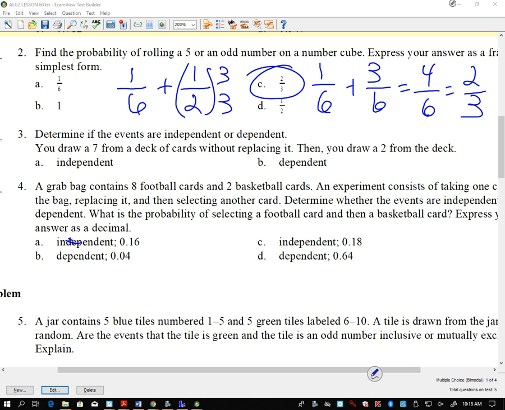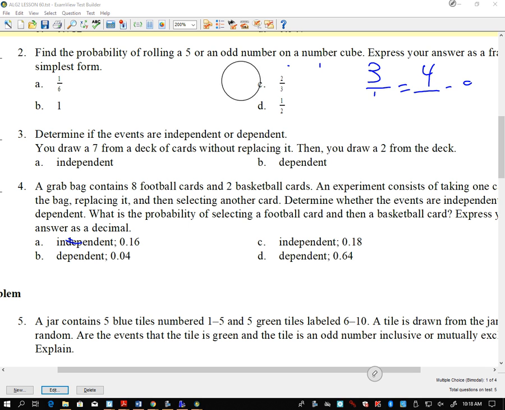Is C the answer on 2? It says it's D. Oh, so it says it's 1/2. Okay, why is that? Because 5 is included in the odd numbers. So you wind up with really just simply 1/2.